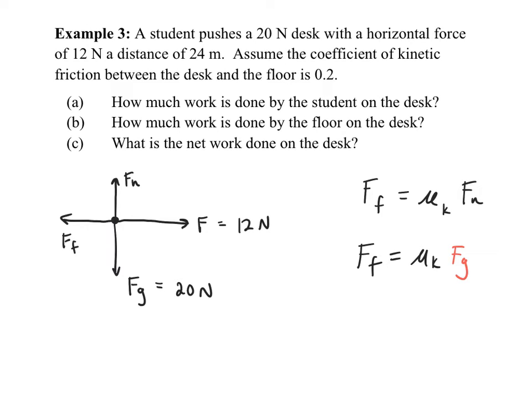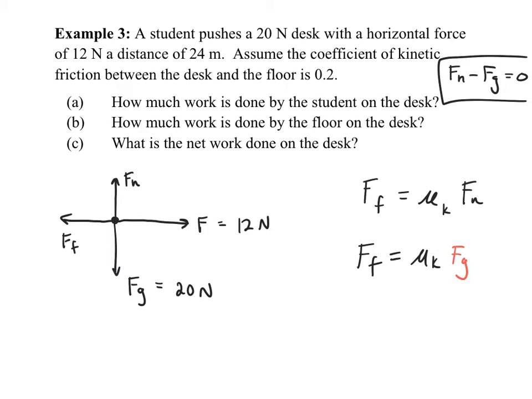Again, because we're in a vertical state of equilibrium, we've got this equation, the vertical equation of equilibrium: Fn minus Fg equals 0. So Fn must be equal to Fg for it to equal 0. So we replace Fn with Fg.